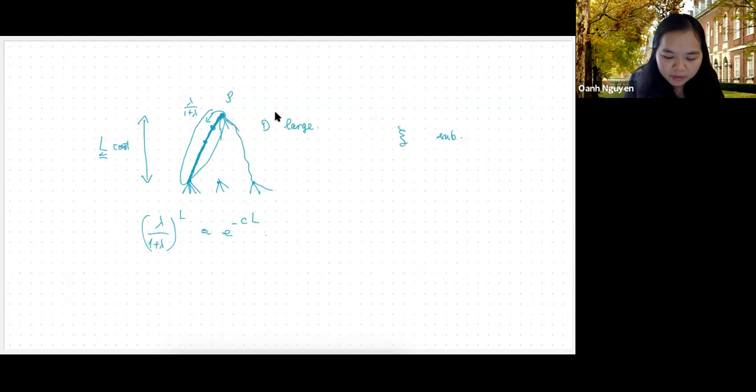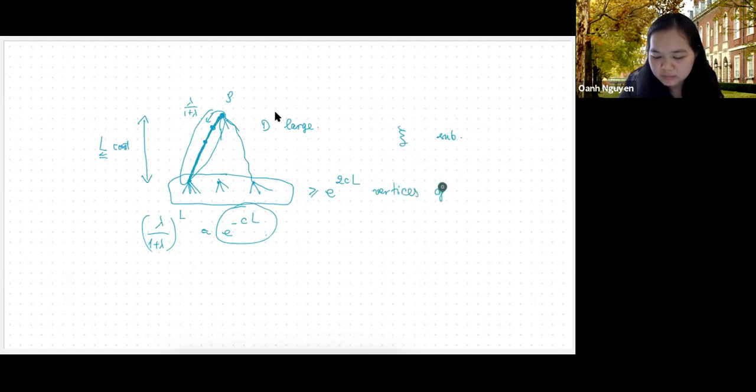And with this probability, you can find many vertices here. So if you can find e to the 2CL vertices of large degree, and for each of them the chance that rho successfully sends the infection is larger than e to the minus CL, then with high probability many of them will be infected.